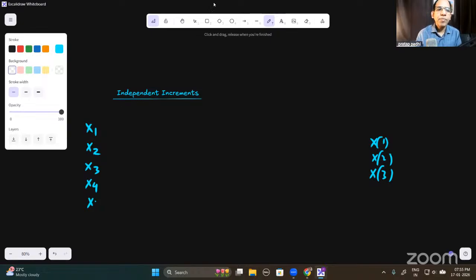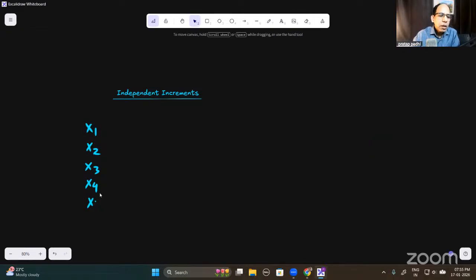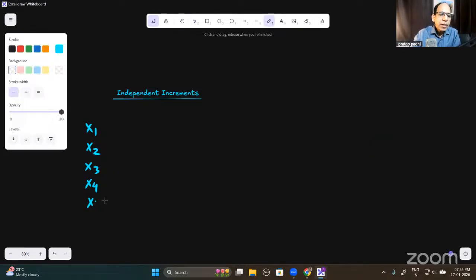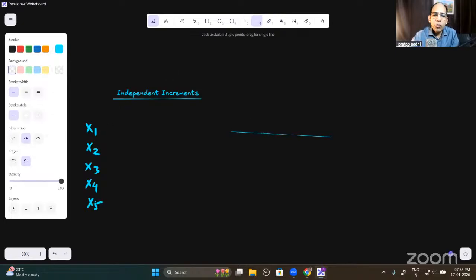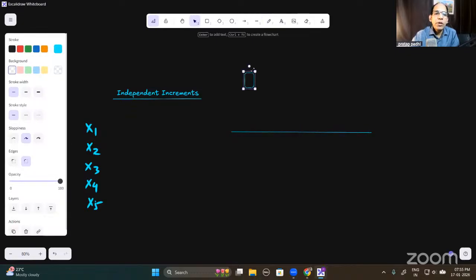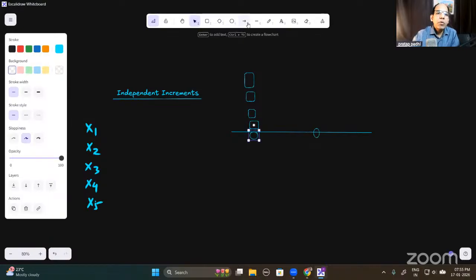It doesn't matter, so this should not be a confusion for you. Now, what is independent increments? Say X5. That means you know all these values. Where are you? You are here, somewhere here, at 5.